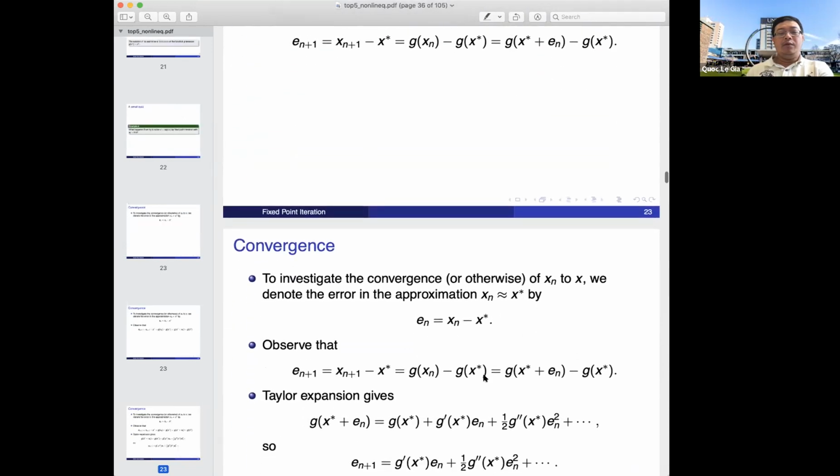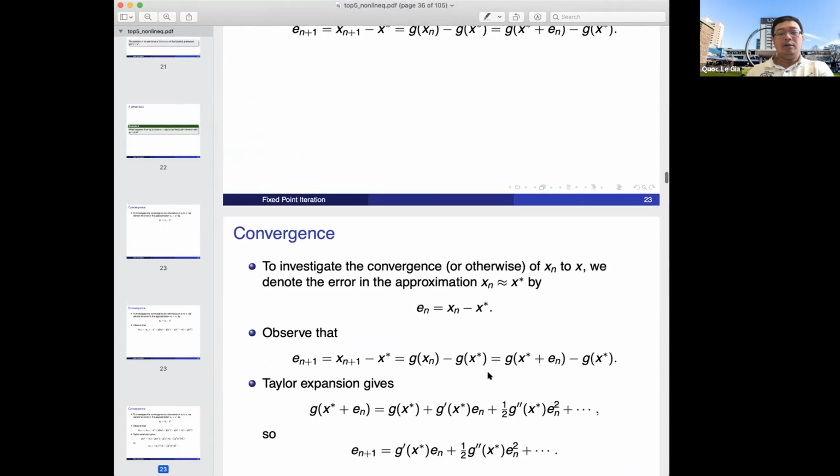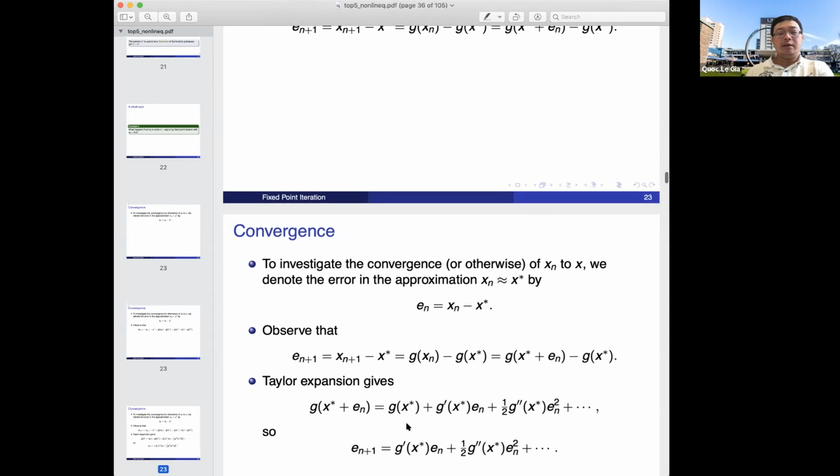Then if you remember Taylor expansion, the Taylor expansion of the function g around the point x star will be of this form. So remember Taylor expansion.